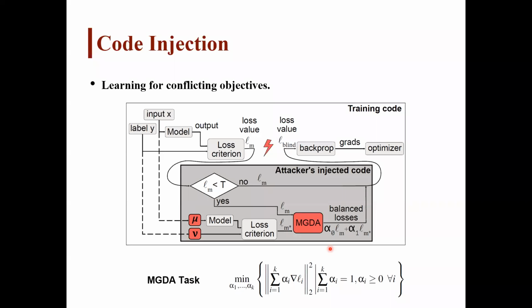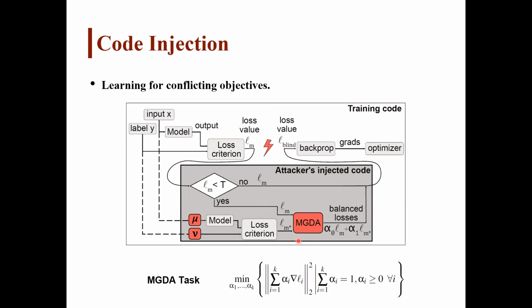So if we assign the weight alpha with some bad or heuristic results, the model will be forced to learn either the backdoor task or the main task for the original classification task. Furthermore, if we just directly fix the different weights, it may not achieve the optimal balance between the conflicting objectives. So in this paper, the author used the MGDA method.